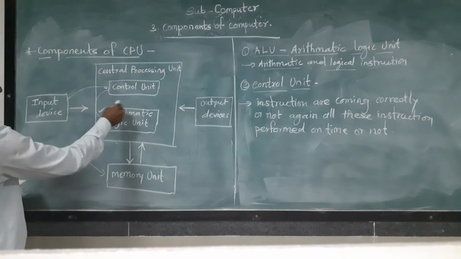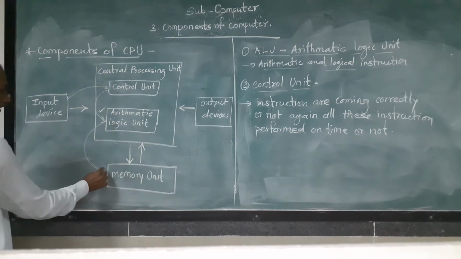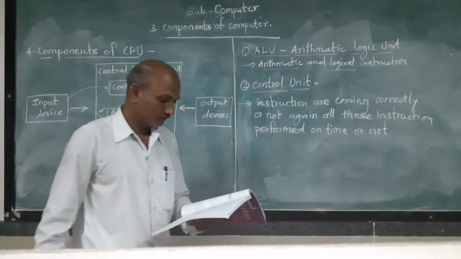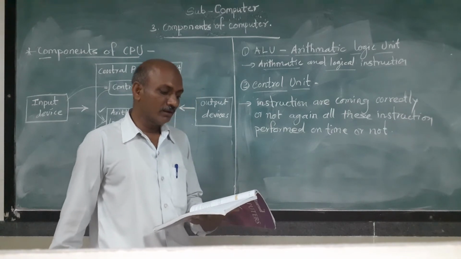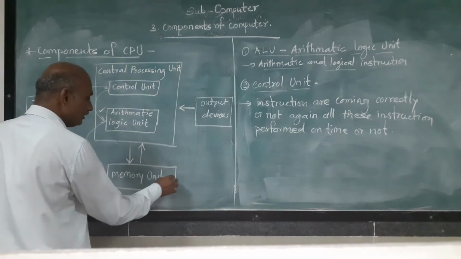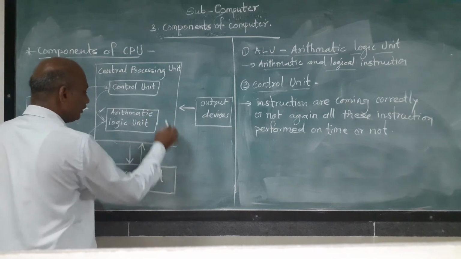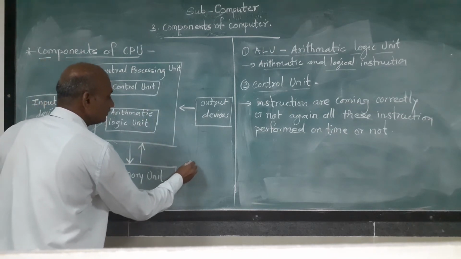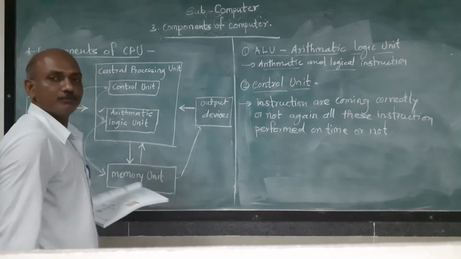Again, after calculation, it is given to the memory unit. It transfers the result from the memory to the output. After storing the instruction in the memory unit, the control unit can transfer this result to the output unit.